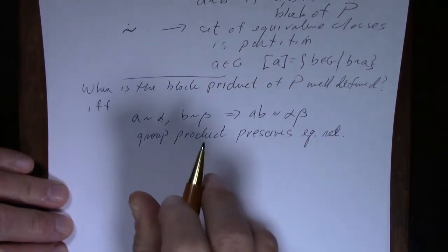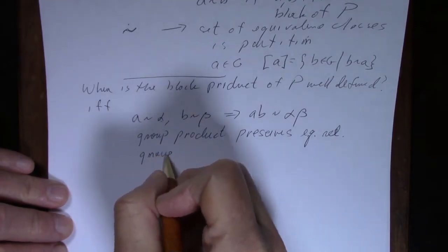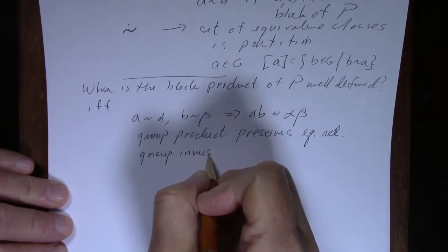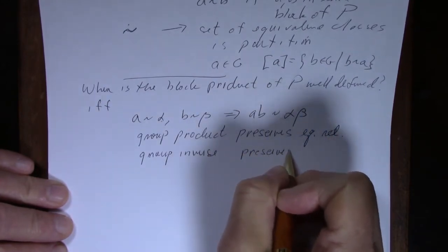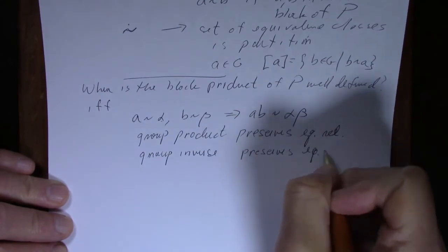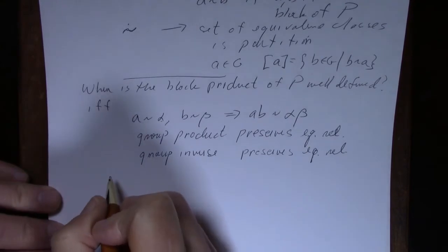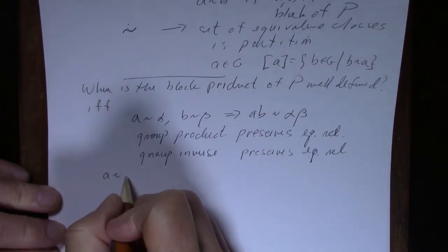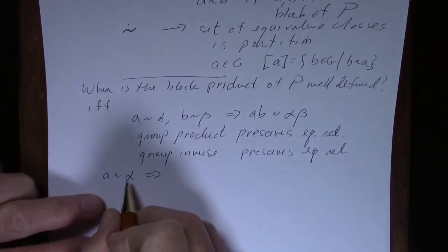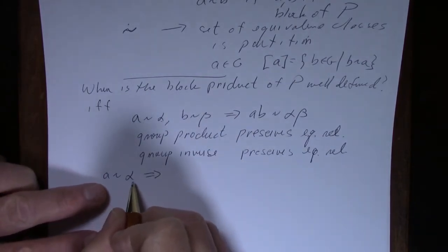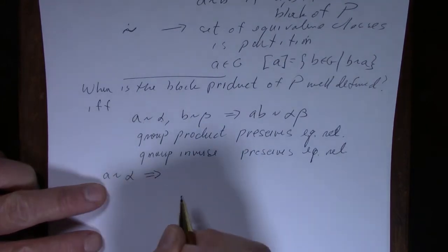If that happens, actually group inverses also preserve the equivalence relation. Because if A is related to alpha, then I can multiply both sides by alpha inverse using the group product preserving the equivalence relation.